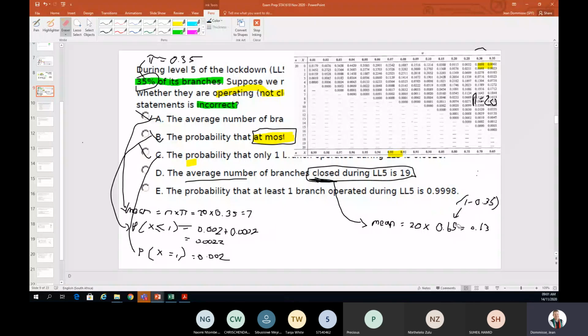They tell us 19. So that is wrong. So D is the wrong one.